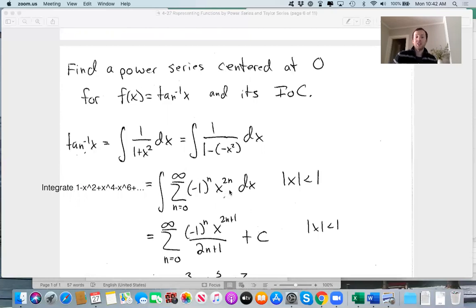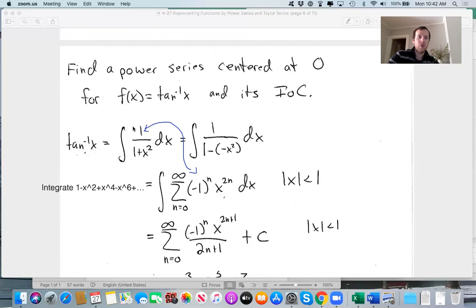And what we can say is that if we integrate the function, this function and this series are the same.